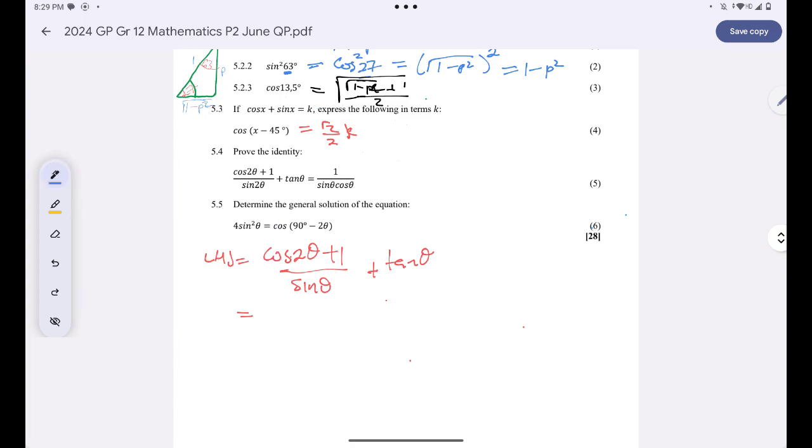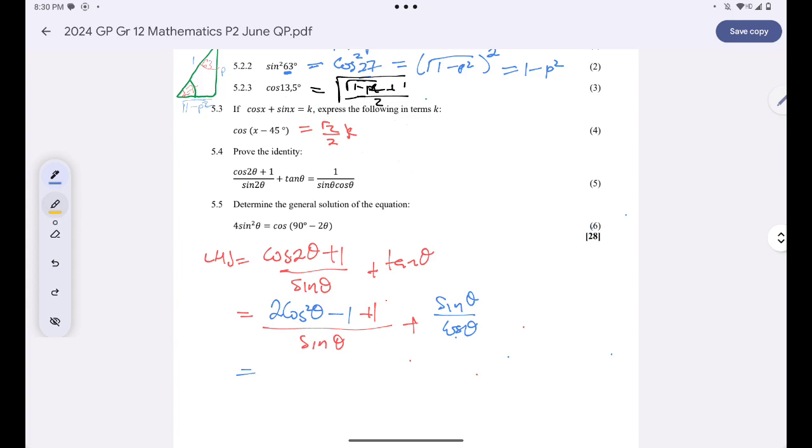Since I have a positive 1 added next to cos 2 theta, I can use the double angle which has a negative 1. So I'll say 2 cos squared theta minus 1, then plus 1 all over sine 2 theta plus tan theta can be written as sine theta over cos theta, right? And then the ones will subtract one another.